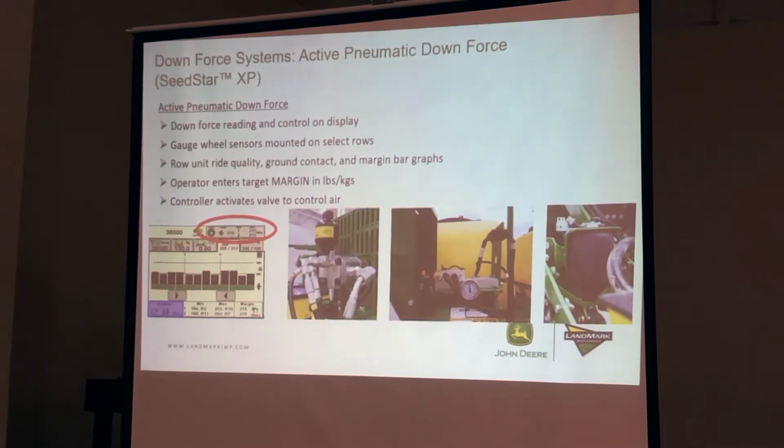On this, you're going to be entering a target margin value, and that's what you're going to be monitoring. Another big difference with the active system is you're going to have the big hydraulic compressor like we have on the back of this planter here, so it can make those quick changes to the system as you're going through.